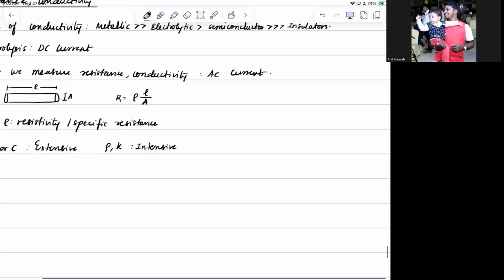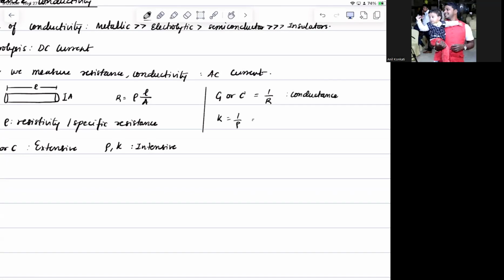Now, what is G and kappa? See, G or C is nothing but 1 by R, which we call conductance. While kappa is 1 by rho, which is called conductivity or specific conductance. Clear?